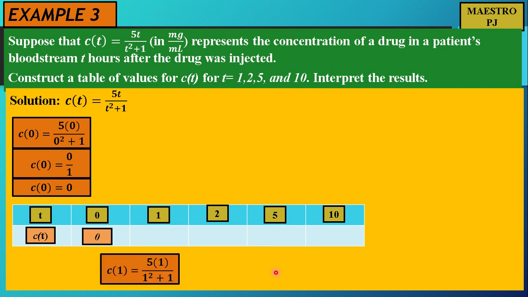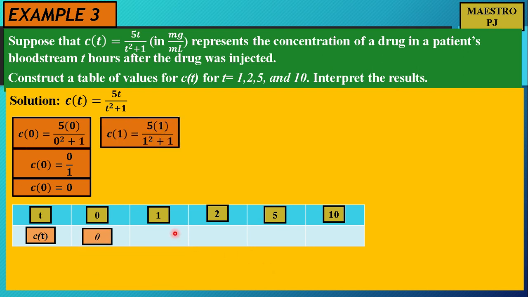So that's 0. If t is equal to 1, so ibig sabihin, kinocompute natin ngayon dito kung ano yung concentration ng drug after 1 hour na nai-inject yung drug sa bloodstream ng tao. So, C of 1, gamit itong function natin, isubstitute lang natin yung value ng t, which is 1. So, C of 1 is equal to 5 times 1 divided by 1 squared plus 1.